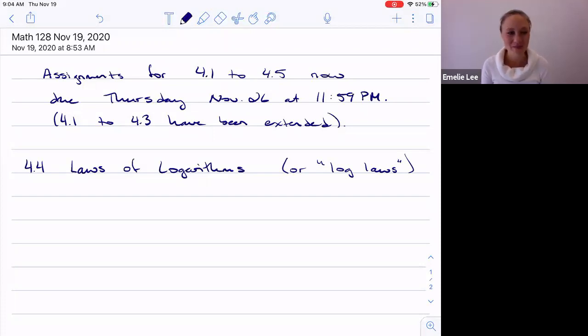So log laws are just laws of logarithms, and we use these laws to be able to solve for x, right? So some variable x.